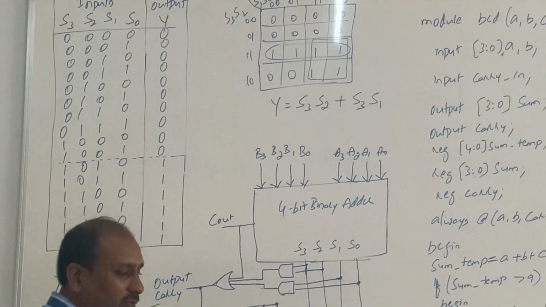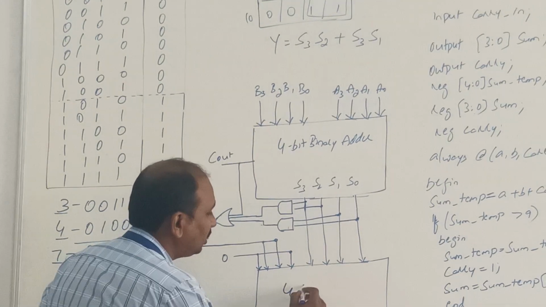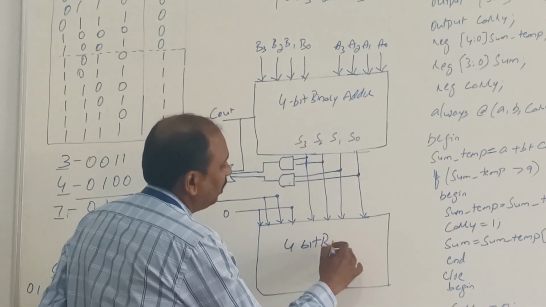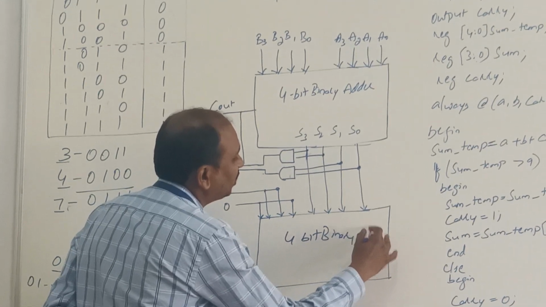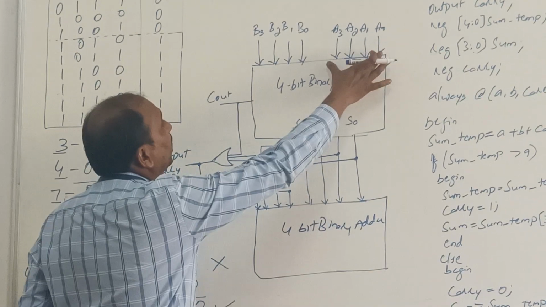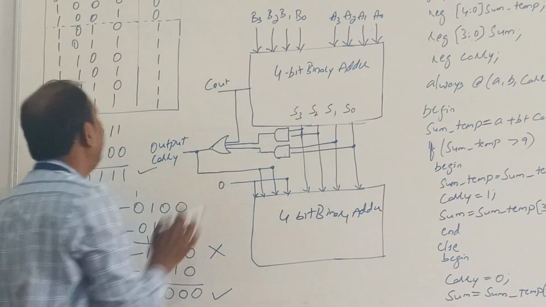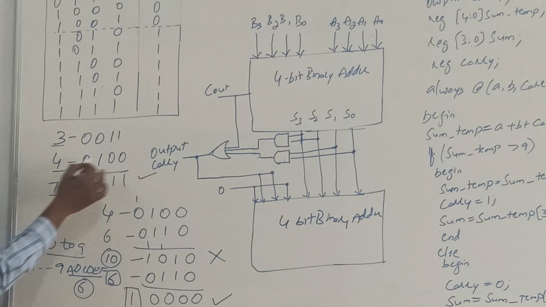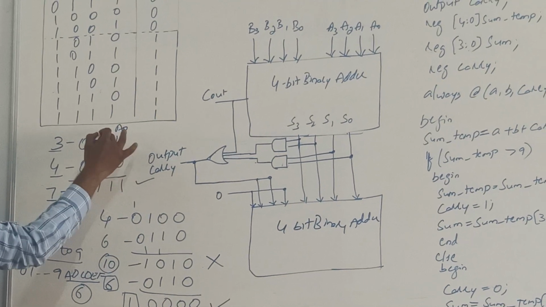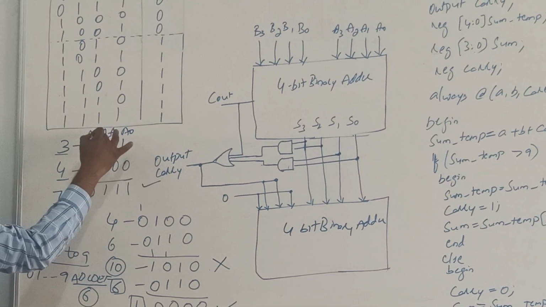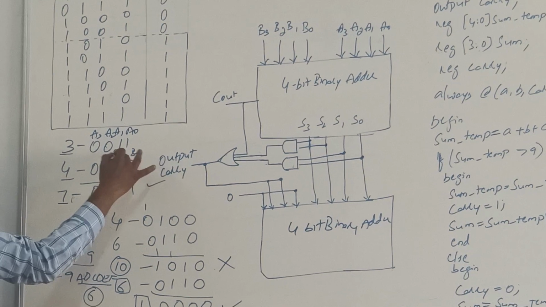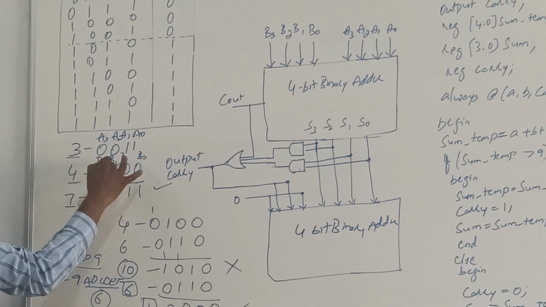Now this explains the binary adder, how it actually adds. I have taken two numbers, A0 to A3 and B0 to B3. This is A0, A1, A2, A3, and this is B0, B1, B2, B3.